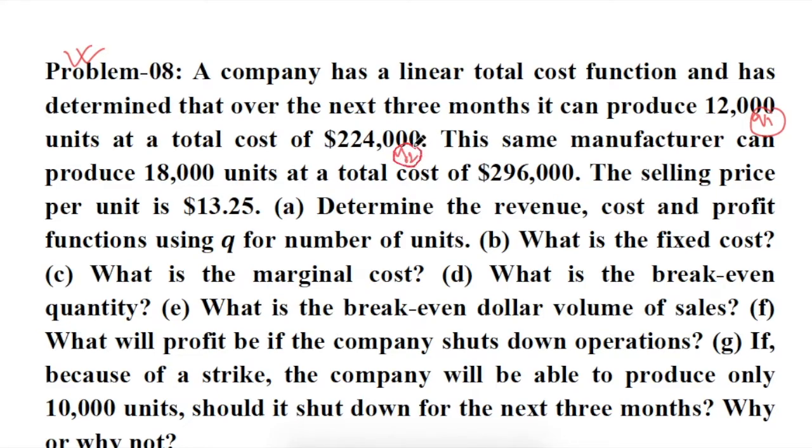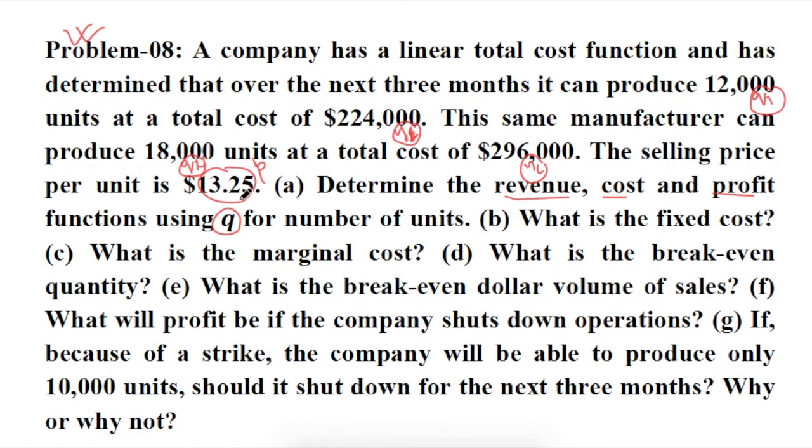This one will be your Y1, and this one will be Q2, this one will be Y2, and this is the selling price per unit, which we denote by a small p. Now we need to determine the revenue function, cost function, and profit function using Q for the number of units.